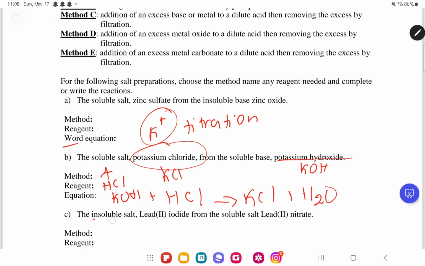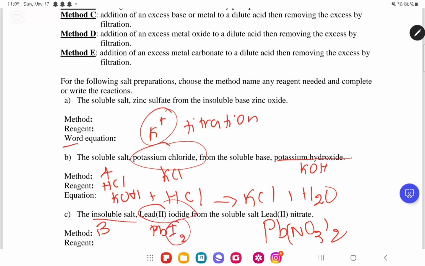Neutralization reaction. Insoluble salt, directly, which method? Method B, precipitation reaction. It is lead iodide, PbI2, from the soluble salt lead nitrate, Pb(NO3)2. Now we're going to think of anything soluble that has I in it. It can be anything.